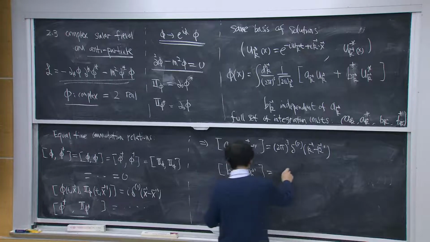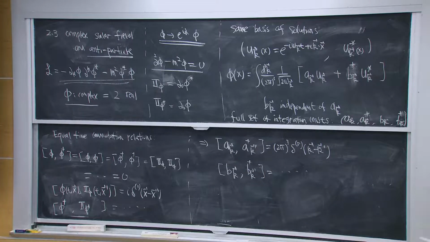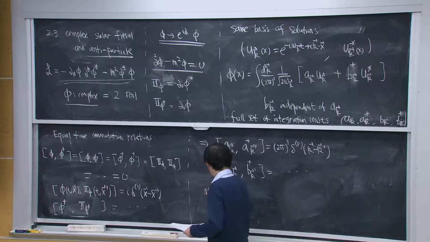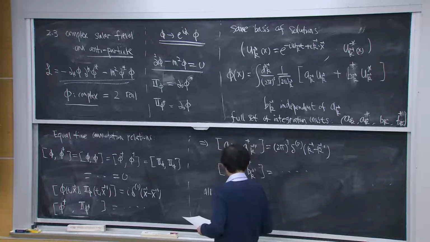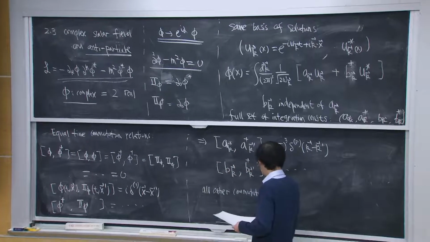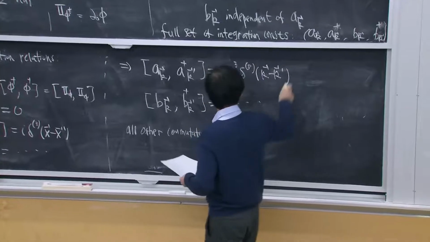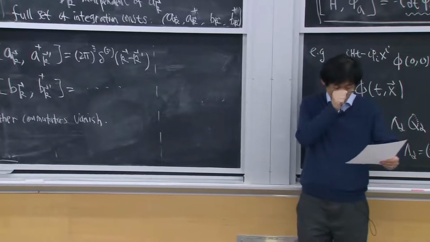Previously we had one family, and now you get two families. All other commutators vanish. So this part is boring. You can essentially guess everything without doing any calculation.